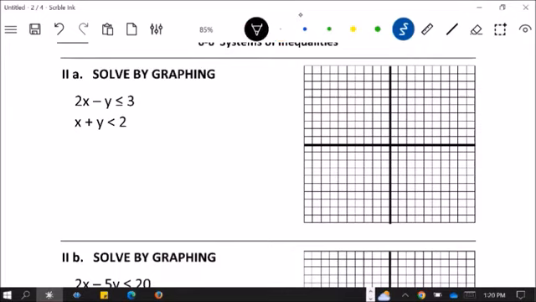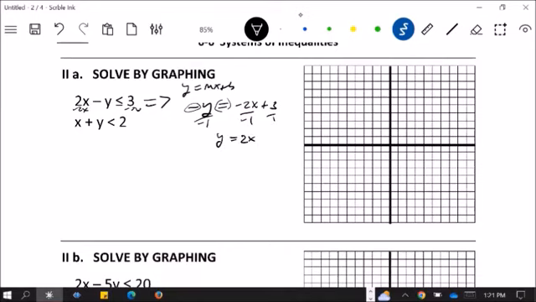So I am going to change this one into slope-intercept form, which is y equals mx plus b. So that means moving the 2x over first. So I get negative y, and I'm going to temporarily do this as an equal sign, equals negative 2x plus 3. This negative can't stay there, so we have to divide by negative 1.